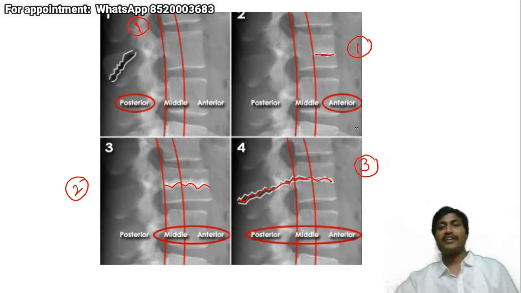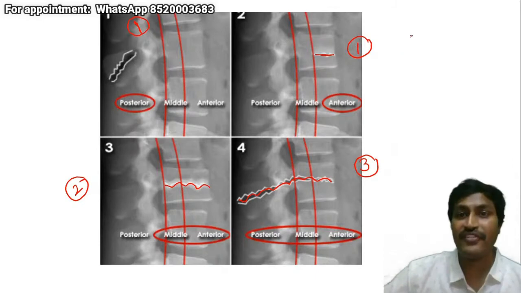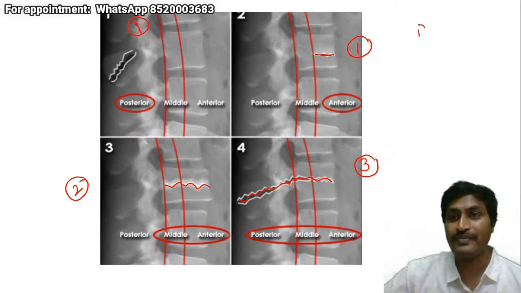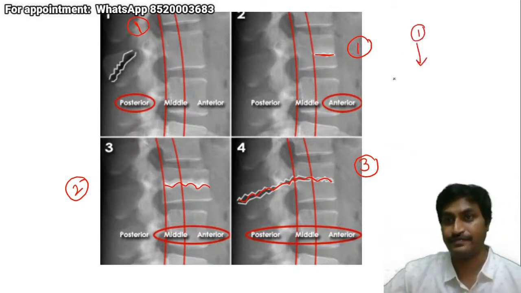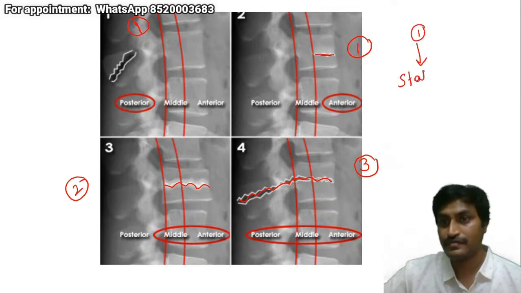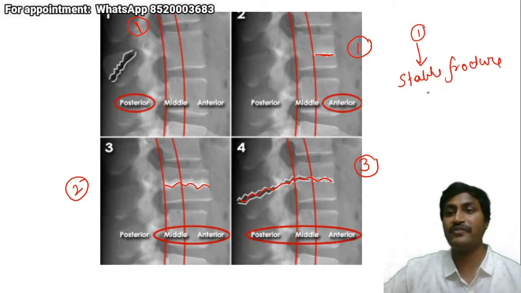What is important is when you see a patient with a fracture, you'll have to identify whether the fracture is involving one column or two columns or three columns. Any fracture which is involving one column is a stable fracture.